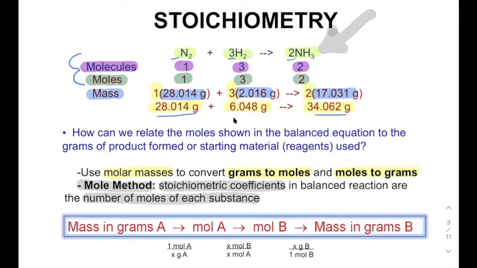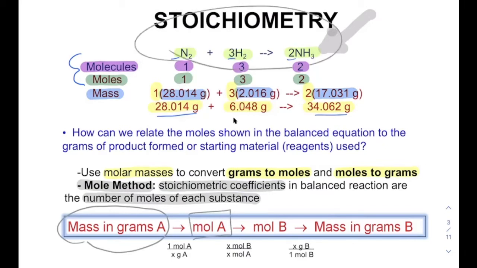And the bottom line, and you're going to hear me say this over and over again: if we are given mass in grams of A, we can go to moles of A using the molar mass, and then using our balanced chemical equation up here, using the number of moles here, we can convert from moles of substance A to moles of substance B. And then we can use the molar mass to go back to mass of B.